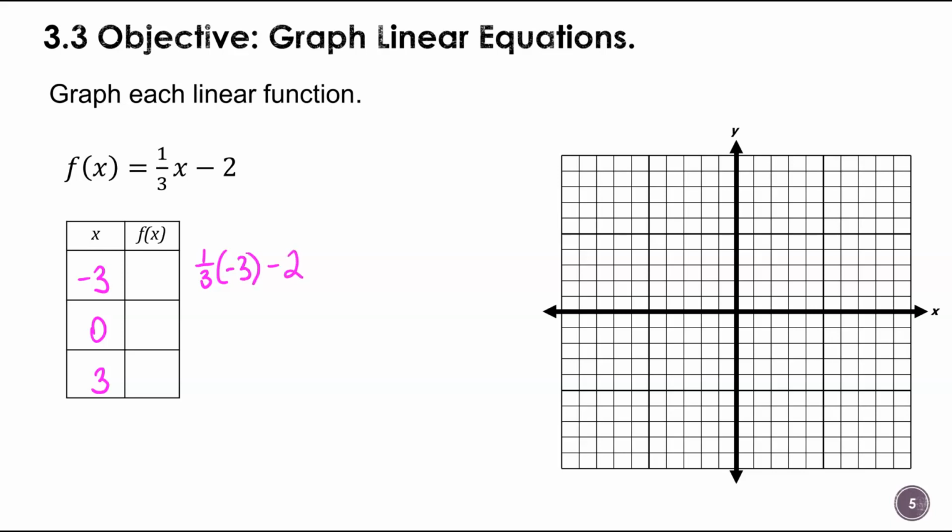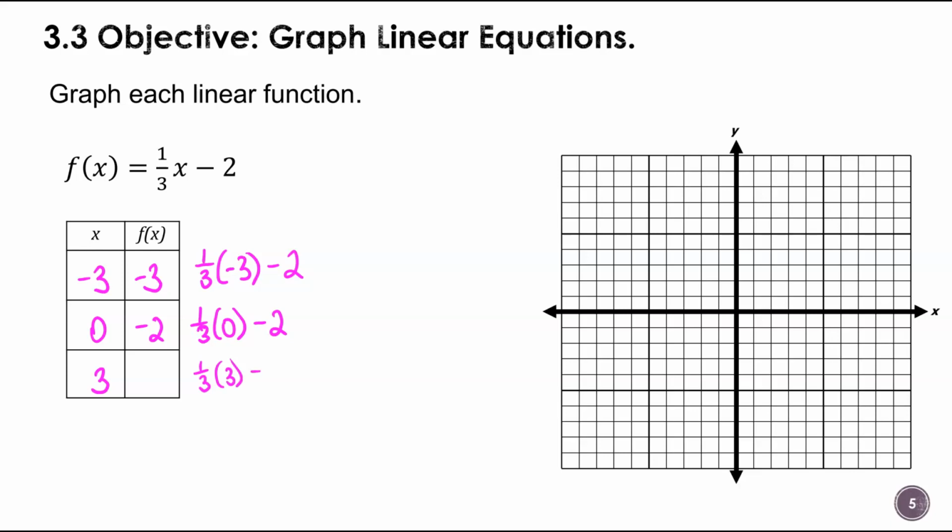So this is basically saying 1/3 of -3, which is -1. -1 minus 2 is -3. And then 1/3 times 0 minus 2 will just be -2. Slope-intercept form again, that -2 is our y-intercept.